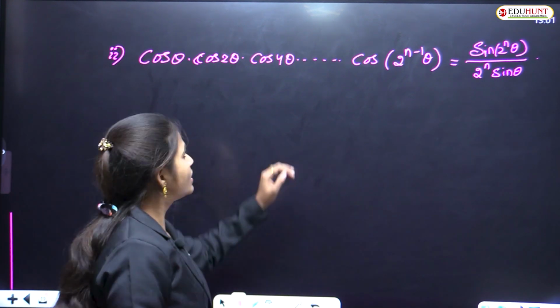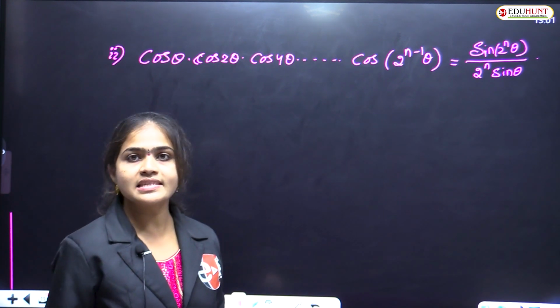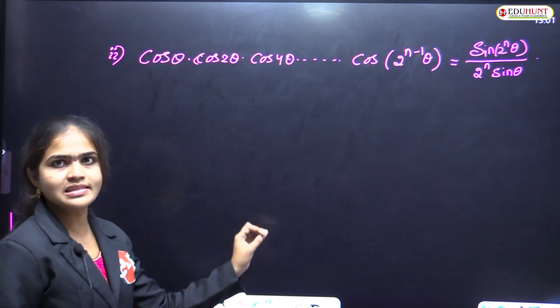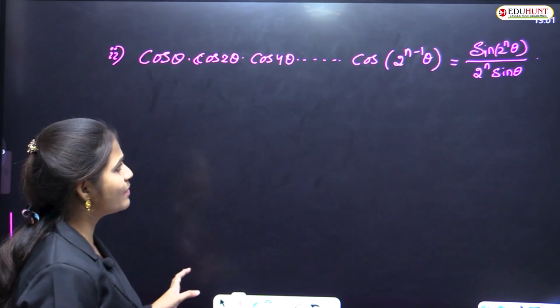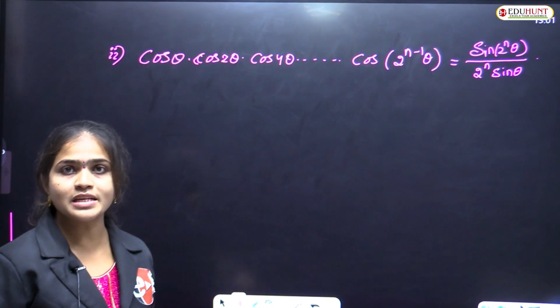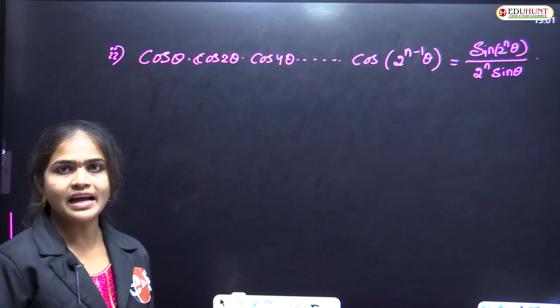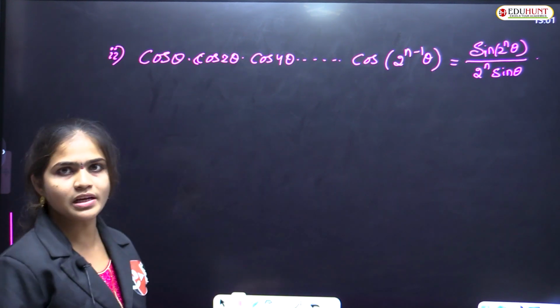Children, this one we need to prove. This is the last proof and it is easy, and somewhat important also. The same formula we can use in problems also. That will come in the next worksheet; we have some problems related to this formula.